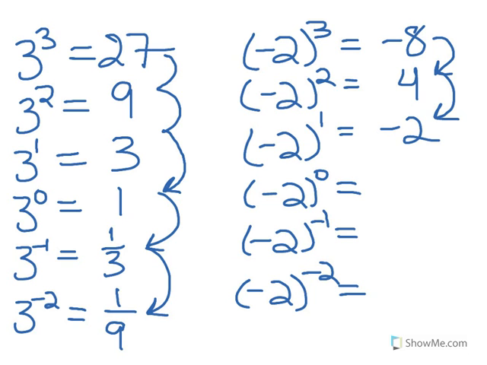Let's continue the pattern then. Negative 2 divided by negative 2 is 1. That's somewhat comfortable now because we've already seen that once over here. Negative 2 to the negative 1 power implies that we should be dividing 1 by negative 2. 1 divided by negative 2 is negative 1/2.